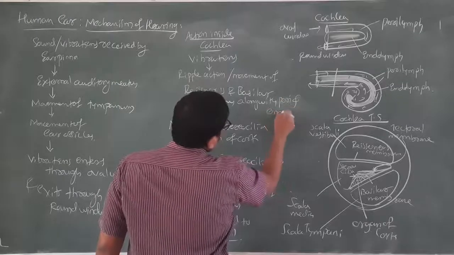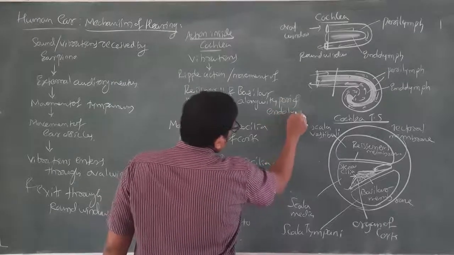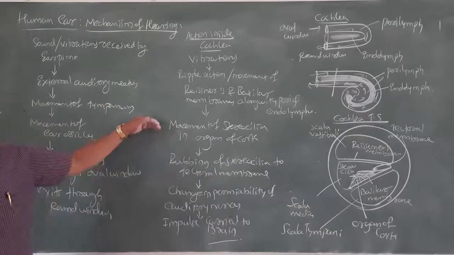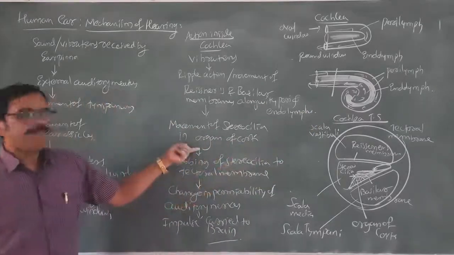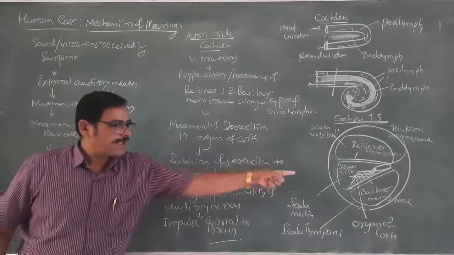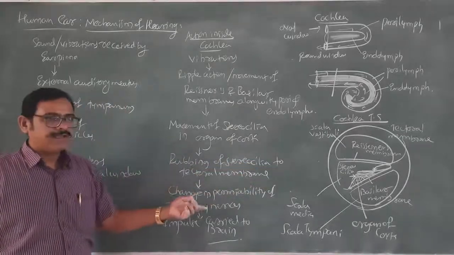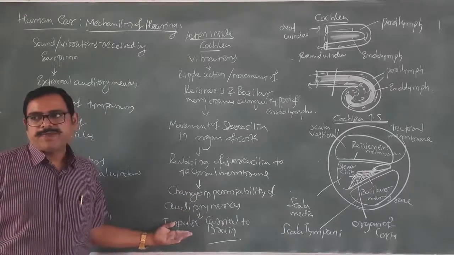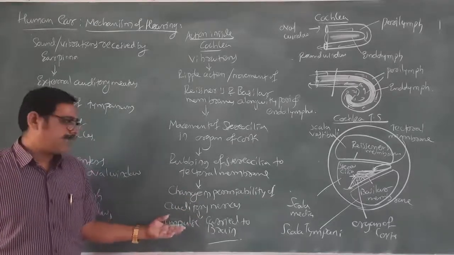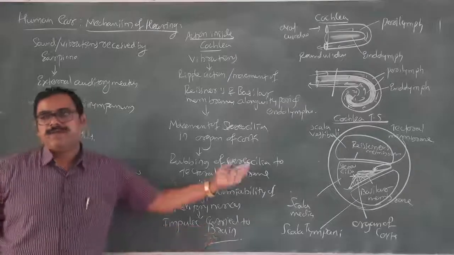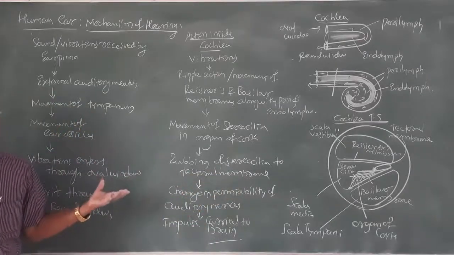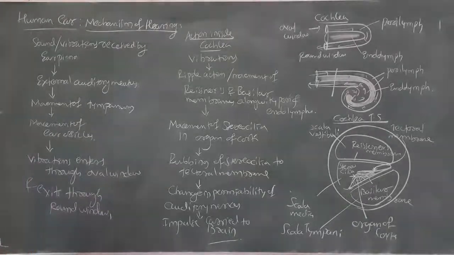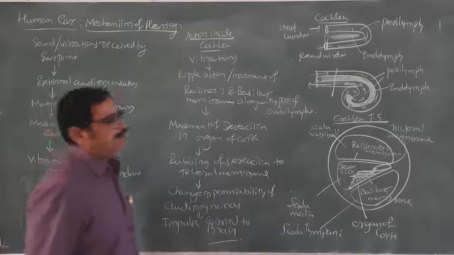Then the movement of stereocilia of the organ of Corti, rubbing against the tectorial membrane, converts vibration into an impulse due to the change in the permeability of the auditory nerves. Then the signals are carried to the brain. The brain will analyze what sound we are hearing. Okay, this is all about the mechanism of hearing.